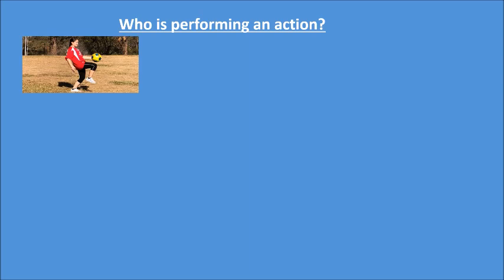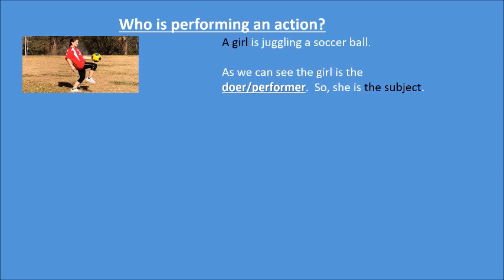Let's take a quick look at this picture. We can see that in this picture, a girl is juggling a soccer ball. As we can see, the girl is the doer or performer. So she is the subject, as she is performing the action of juggling a ball.